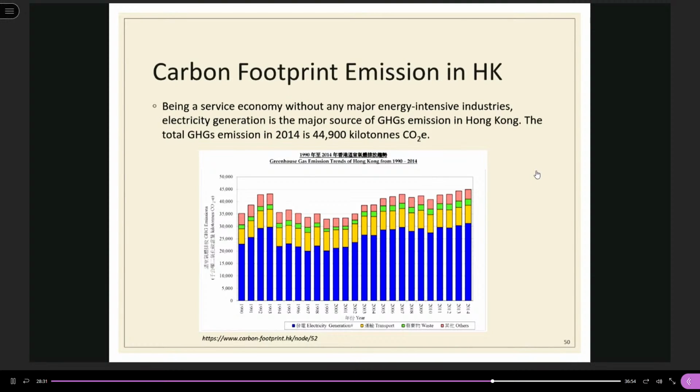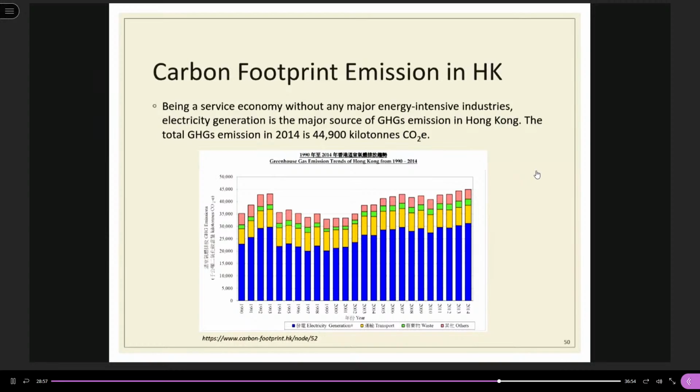Being a service economy without any major energy-intensive industries, electricity generation is the major source of greenhouse gas emission in Hong Kong. The total greenhouse gas emission in the year 2014 is 44,900 kilotons carbon dioxide equivalent.